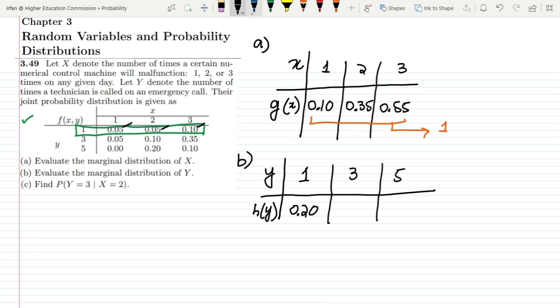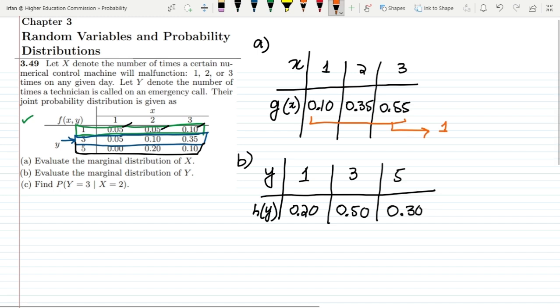Okay, similarly here, for y equal to 3, I have to add all these values, because now the value of y is equal to 3, so 0.05, 0.10, 0.15 and 0.35. So what I will get here is 0.50, and the last one here is at y equal to 5: 0.00, 0.20, 0.10, so here 0.30.